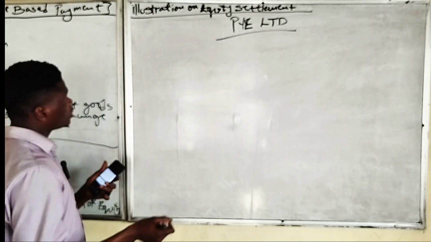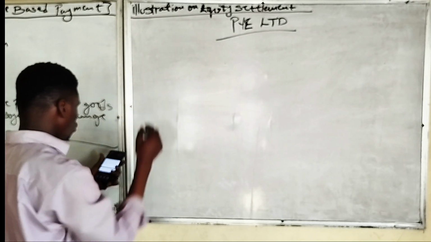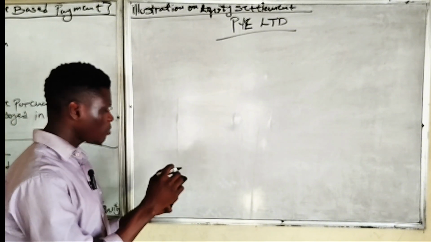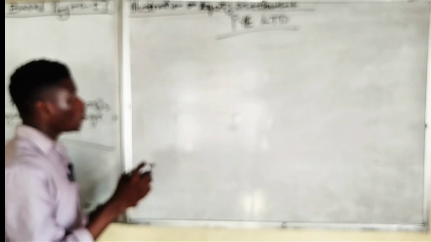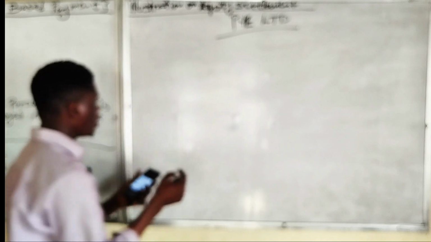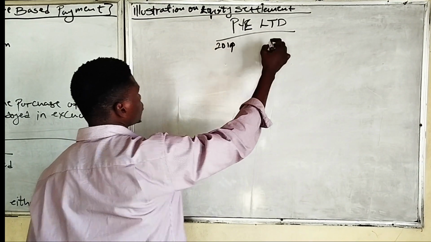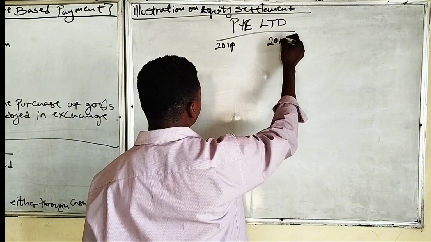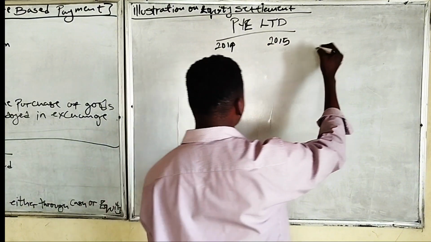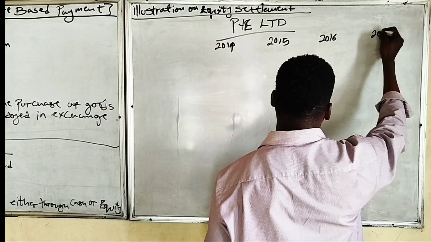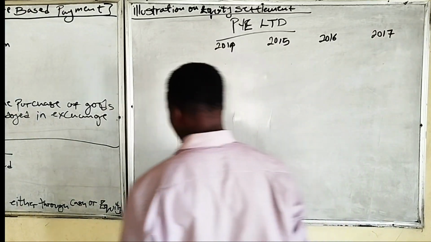So they said 2014 now. We need to vest this particular entity to see the number of people that will still be existing. So we have 2014, 2015, 2016, and 2017.